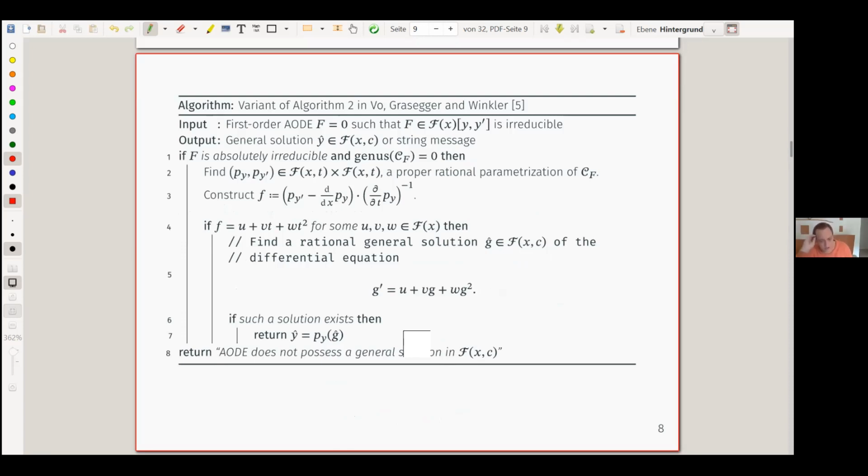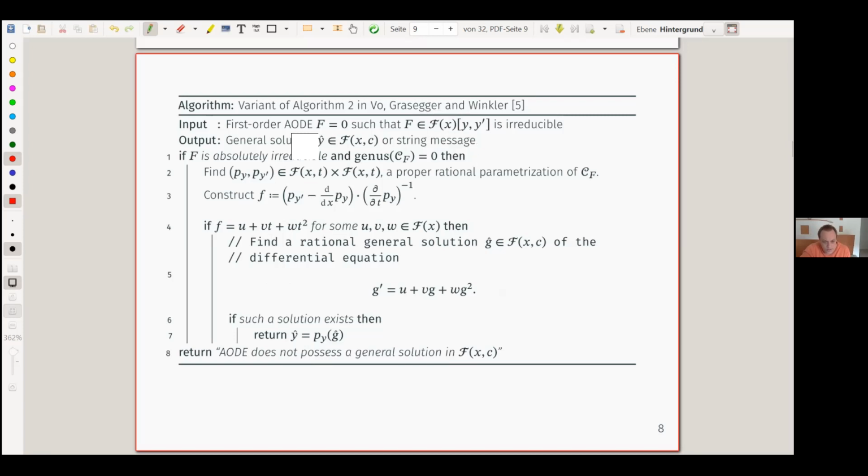So this is an algorithm from 2008, and it works in this way. So you plug in a first order ODE, so an algebraic ODE, which should be absolutely irreducible as a polynomial in f of x. Which means irreducible over the algebraic closure of f of x.